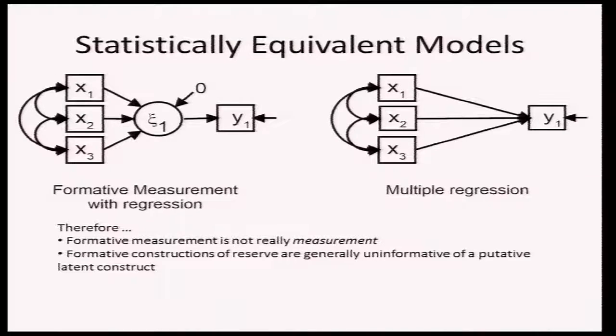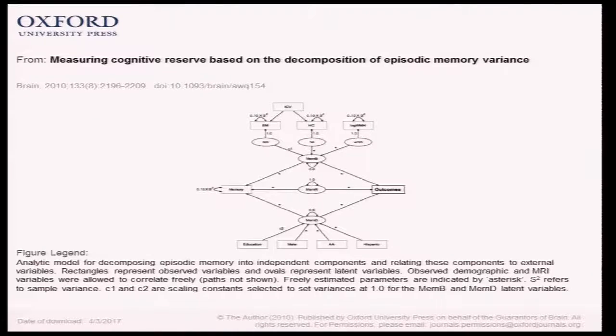They're just a convenient abstraction, a variance decomposition. And formative constructions, therefore, are generally going to be uninformative of the underlying latent construct. So if we want to adopt a realist position for this idea of cognitive reserve or brain reserve, we really need to identify reflective measurement models for that.